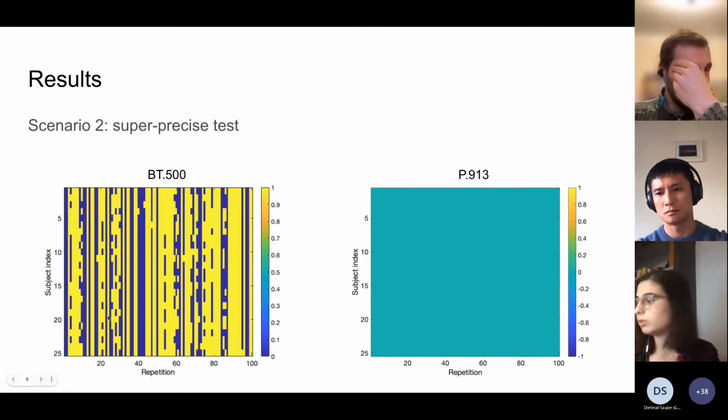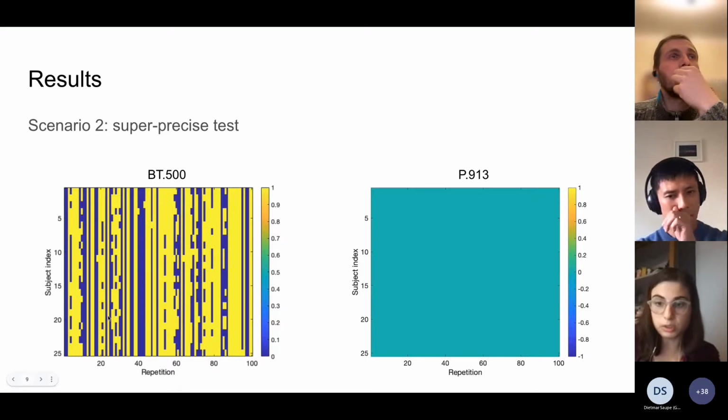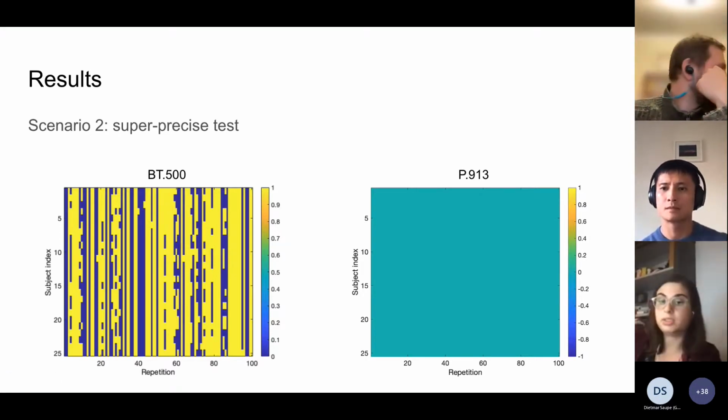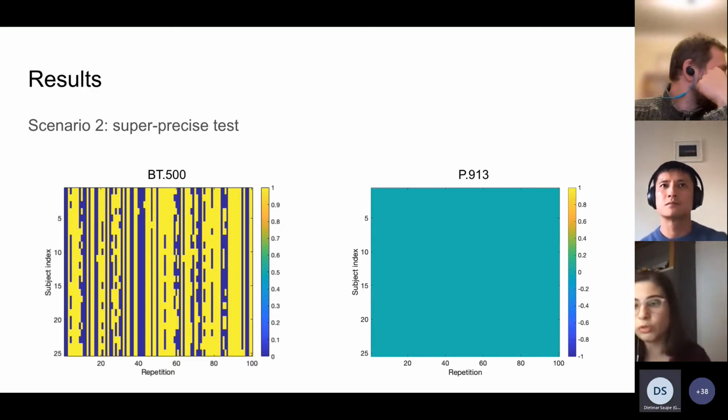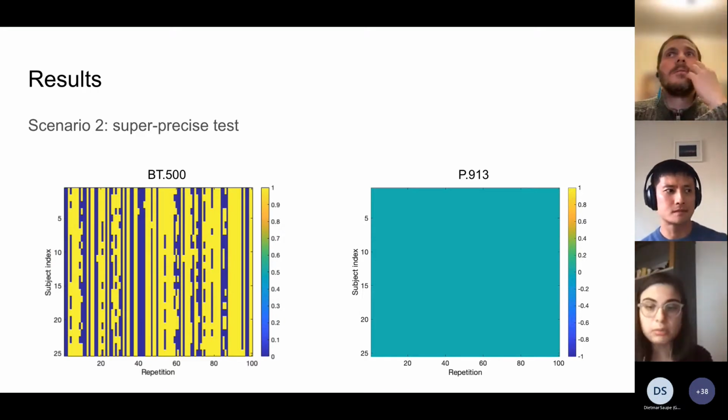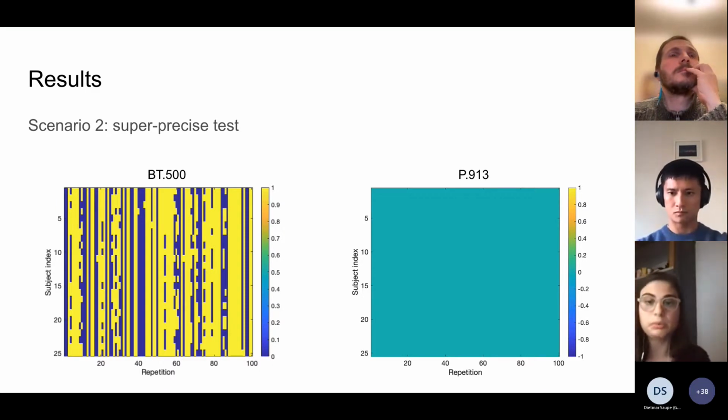But this is to be expected when we have such a tight distribution, which means that a small variation brings you outside of what the limits are decided. Now, we have been discussing this topic of whether to use a threshold and then not put any hard numbers on the number of outliers, where we can detect 0 outliers, we can detect all of them, versus fixing a number of outliers and just saying, okay, we remove this X number of worst cases, regardless of whether they were outliers or not.